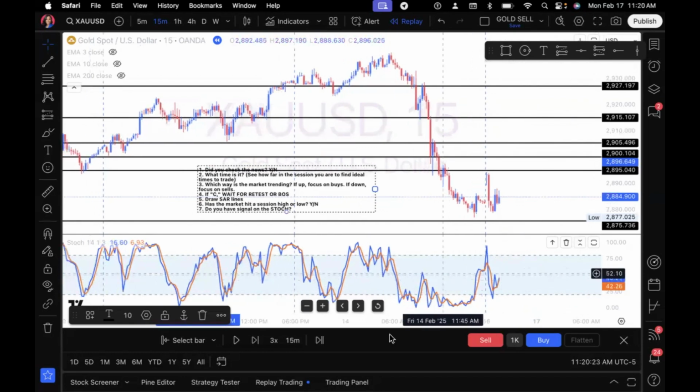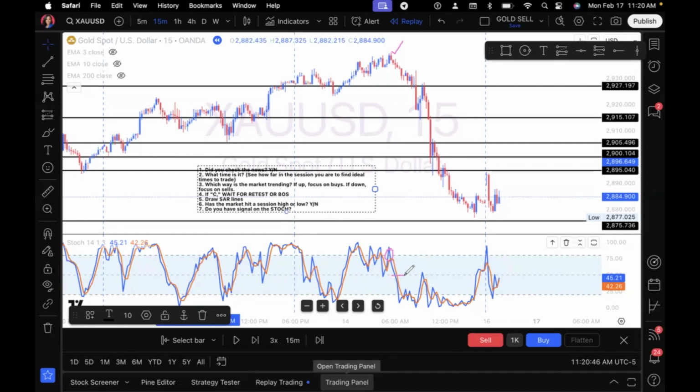Because what you're going to notice about the stochastic is that these key levels are extremely important to finding entry and exit points if you're going to be using this indicator. We can see, for example, the market started its downfall here, and that coincided with the stochastic crossing above 80.